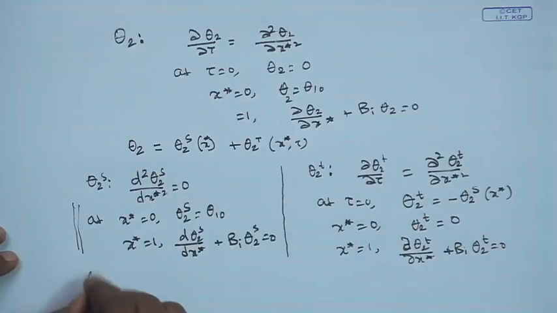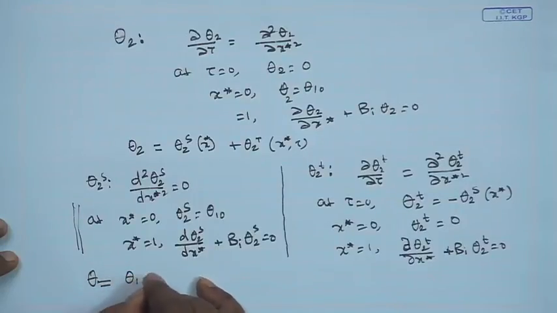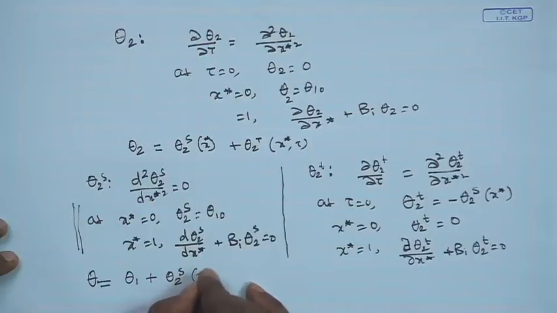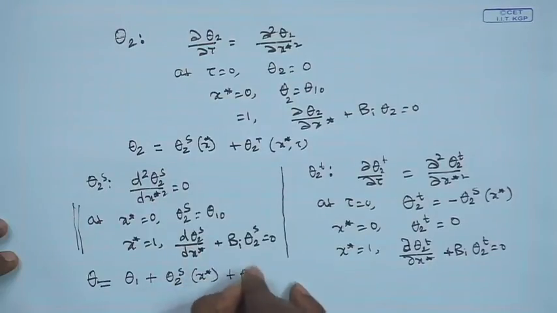So, the complete solution will be obtained as θ equal to θ1 plus θ2s, which will be a function of x* only, plus θ2t, which will be the solution of this part. So, we will be able to construct the complete solution of this problem.